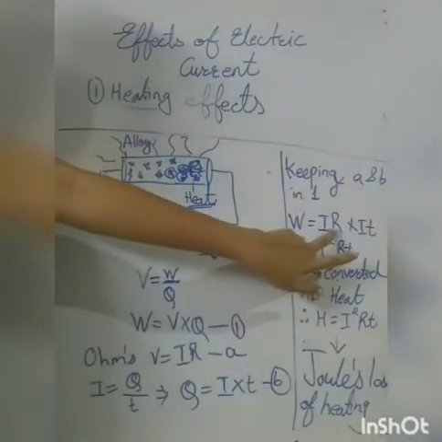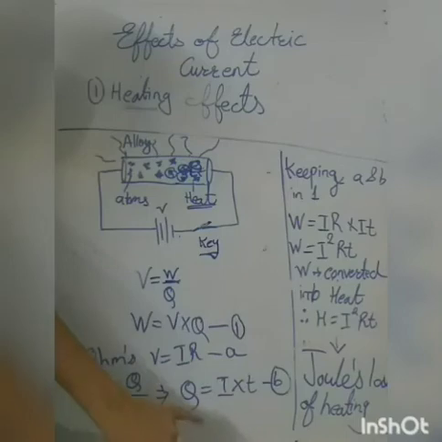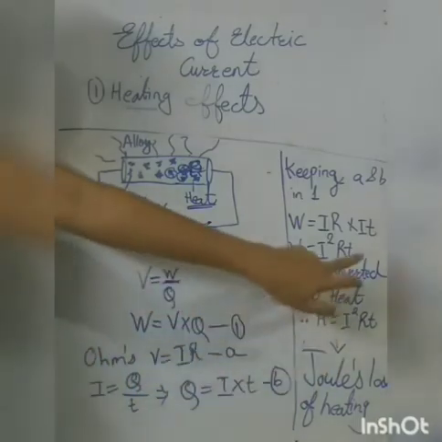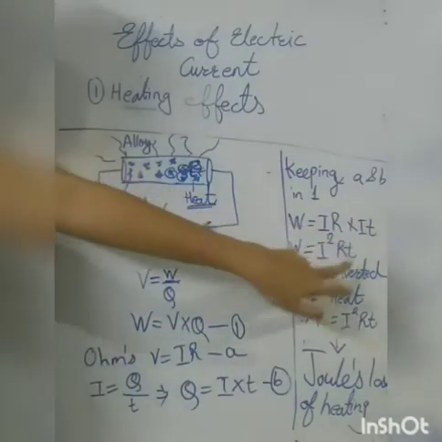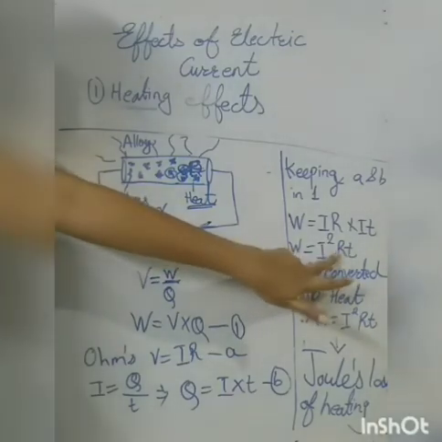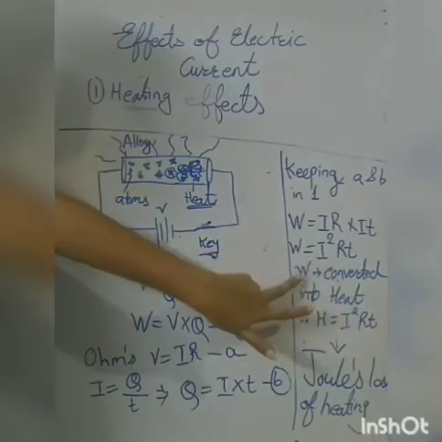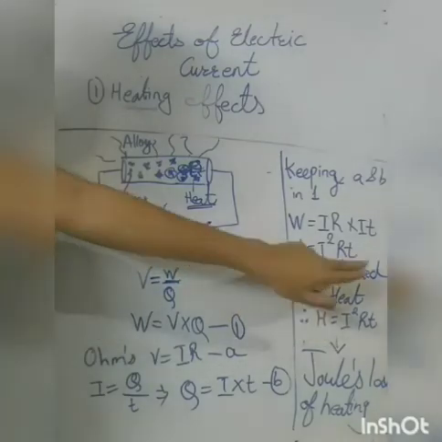Instead of V we will keep IR, and instead of Q we will keep IT. So I into I is I square, and RT. Your W is nothing but I square RT.